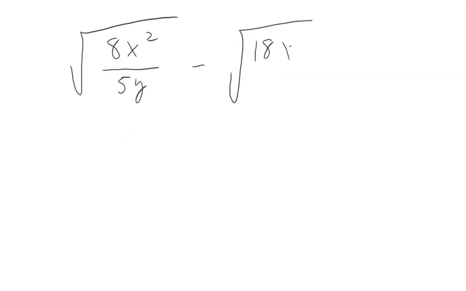So what if we have the square root of 8x squared all over 5y minus the square root of 18x squared all over 5y?